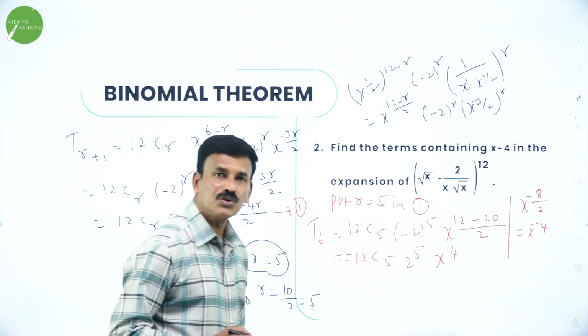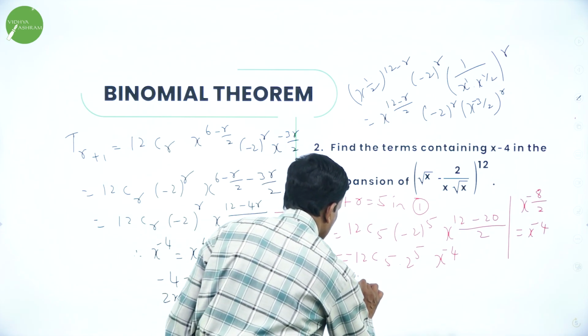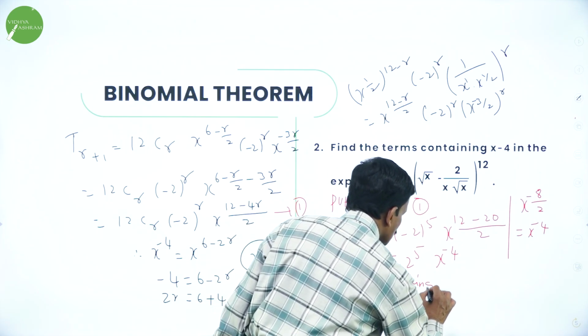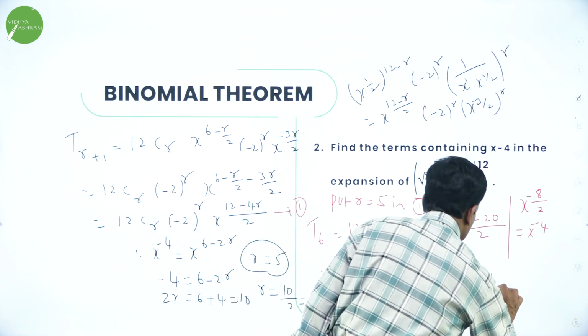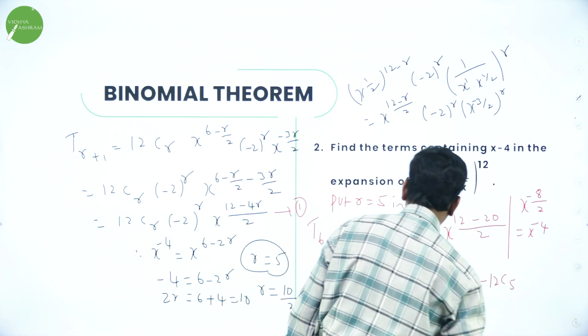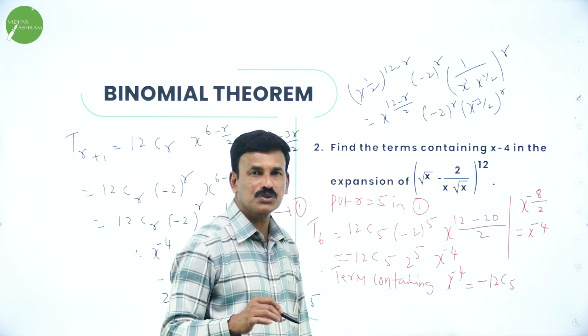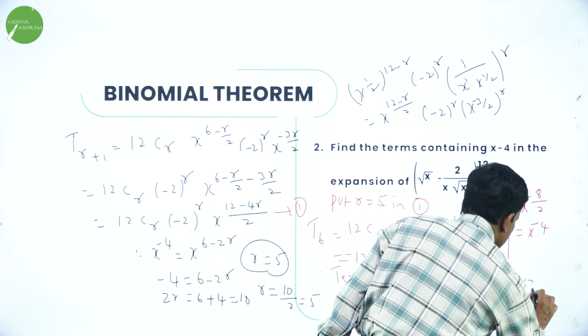So therefore the term containing x to the power of minus 4 is minus 12C5 into 2 to the power of 5, means 2 to the power of 4, 2 to the 4, 4 to the 8, 2 to the 16, 2 to the 32, into 32.